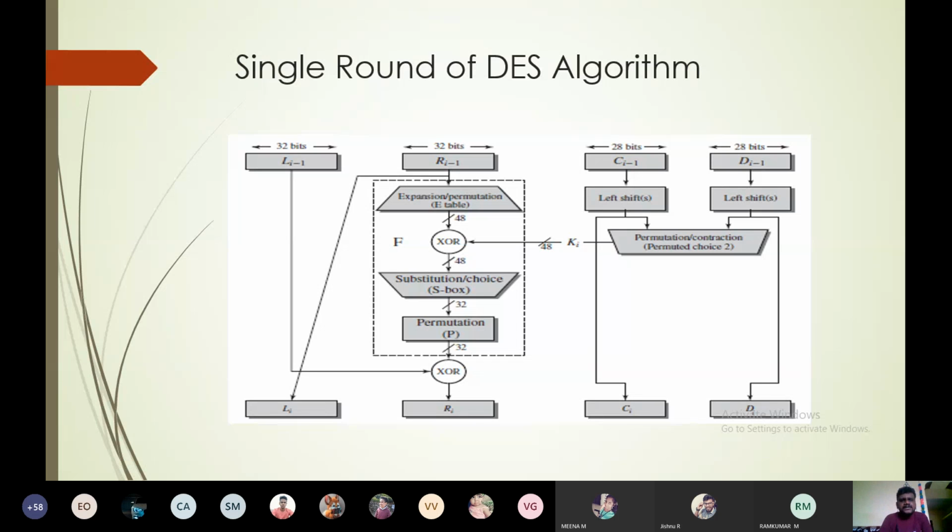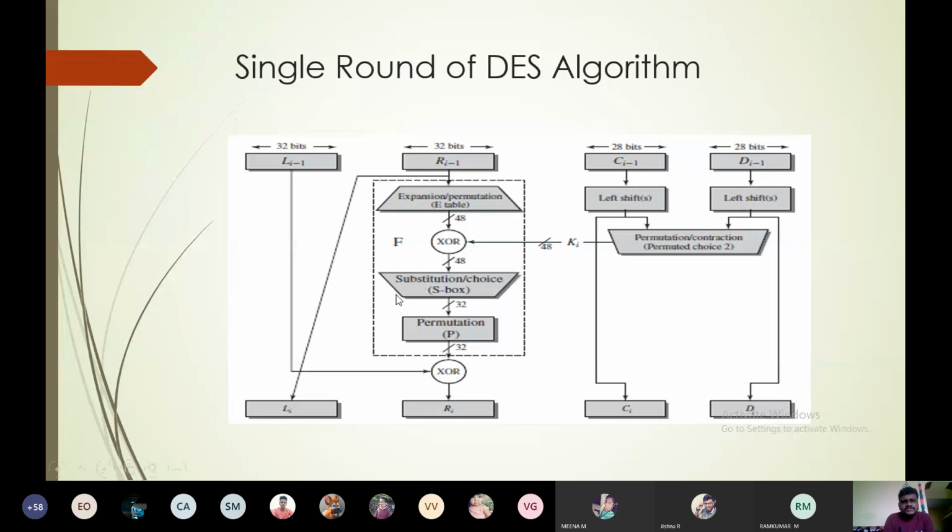Now that 48 bits undergoes an operation called substitution, the S-box, the substitution box. The output from the XOR function becomes the input for the S-box.